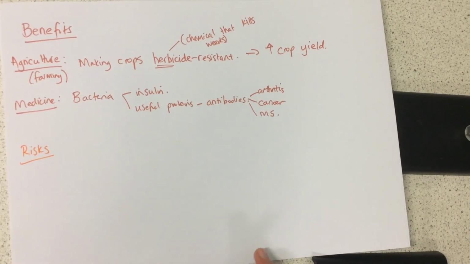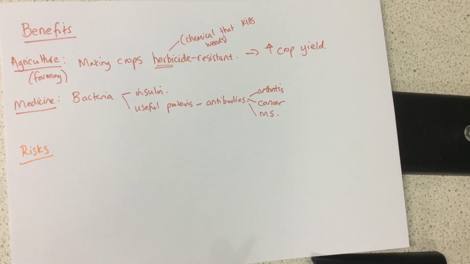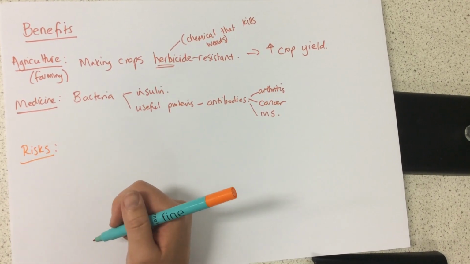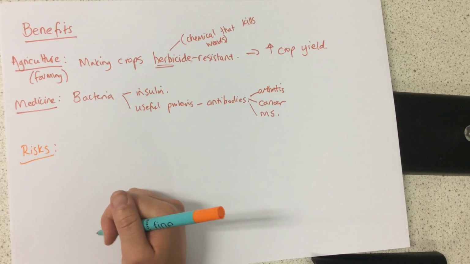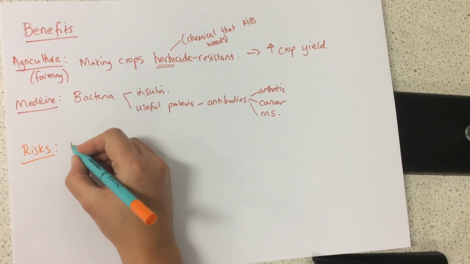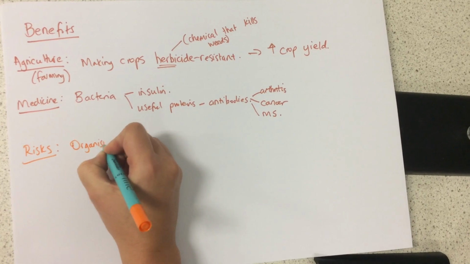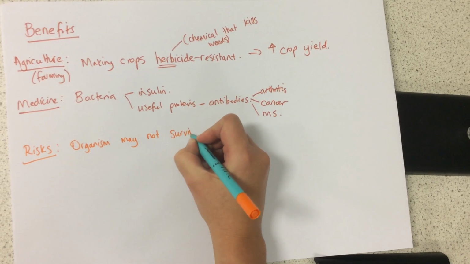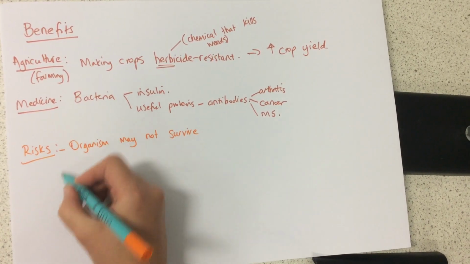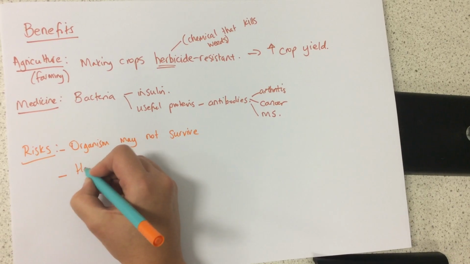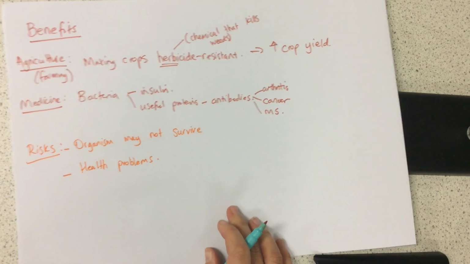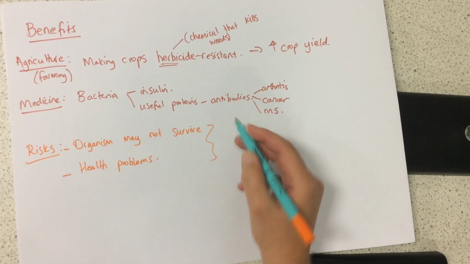There are some concerns that when genetic engineering is used in living organisms, perhaps the organism may not survive, because we just don't know what sort of adverse effects may happen. Or alternatively, the organism may suffer from health problems. Again, this is the medical context.